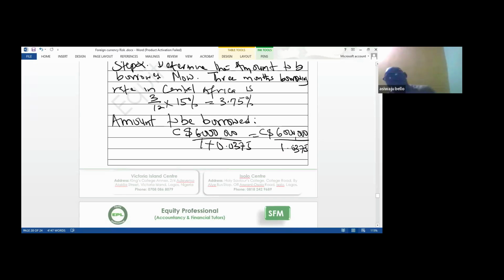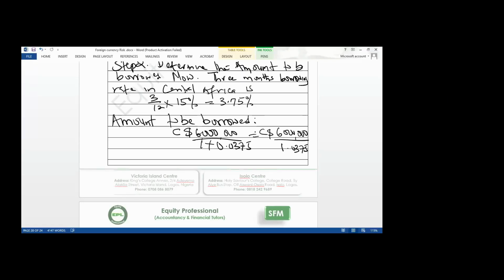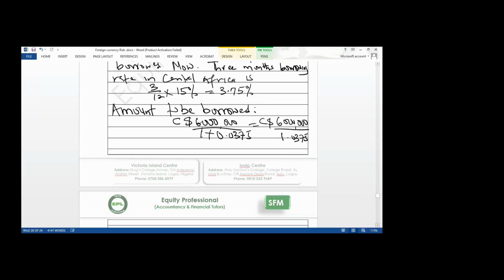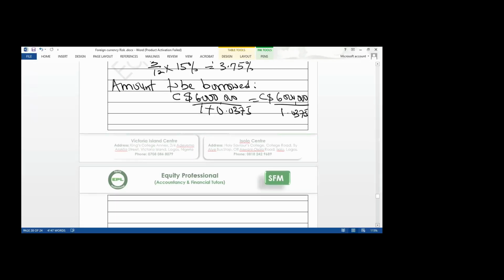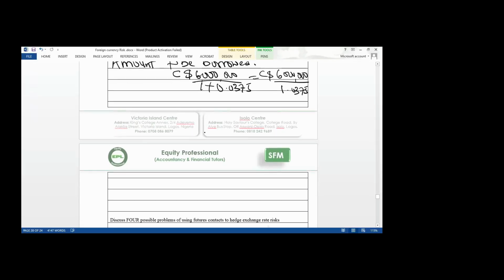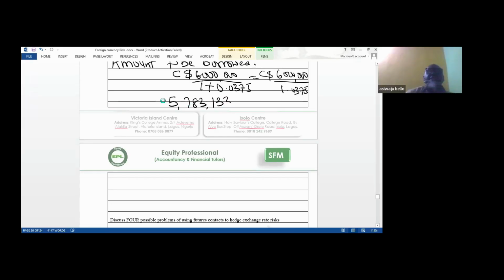Compute the amount to be borrowed now: $5,783,133.